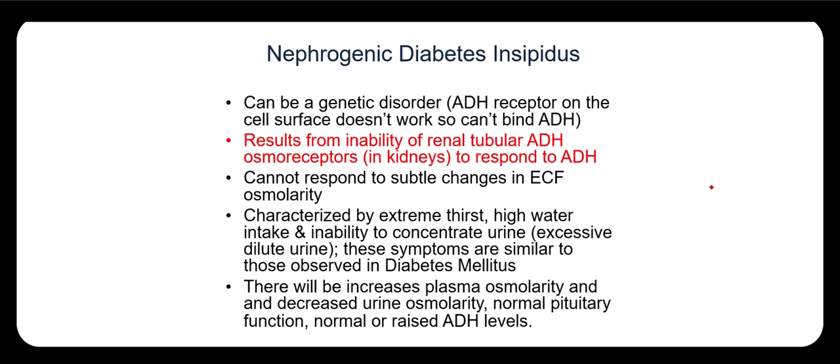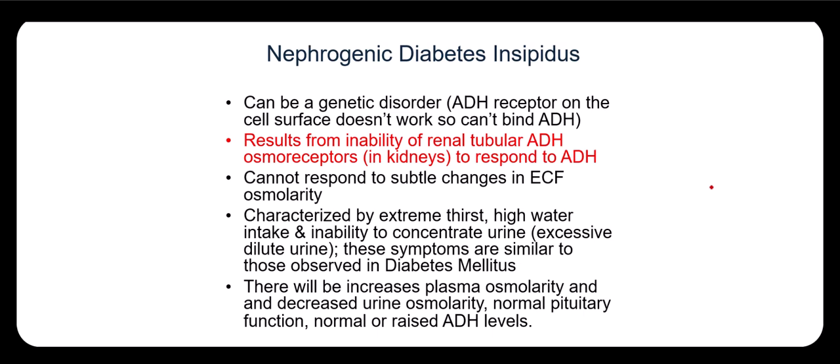But there's another kind of diabetes. We'll talk about it in endocrinology. Diabetes insipidus. Nephrogenic diabetes insipidus can be a genetic disorder where the ADH receptor doesn't work. So now we're not talking about insulin resistance like we are with mellitus. We're, in a way, talking about ADH resistance.